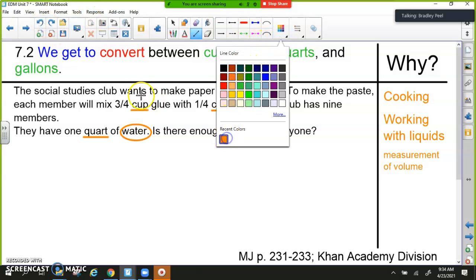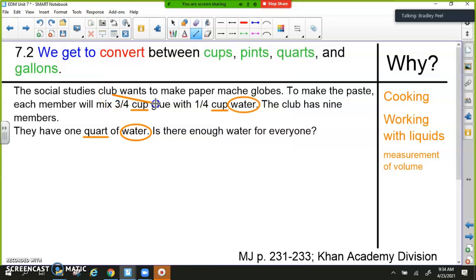They're trying to mix you up. What we call it is irrelevant details. Relevant details are ones that you need to know. So the relevant details here are that we're looking for cups to quarts conversions, and then we're just looking for the water measurements, okay? And then there's irrelevant details. Adding that prefix ir- basically means not, right?